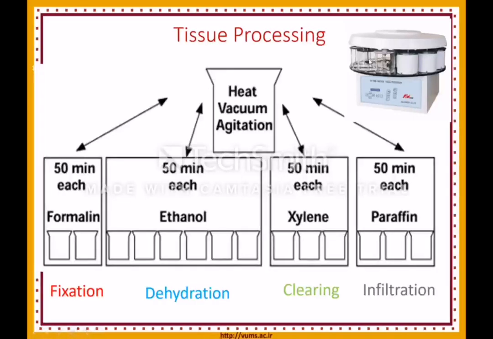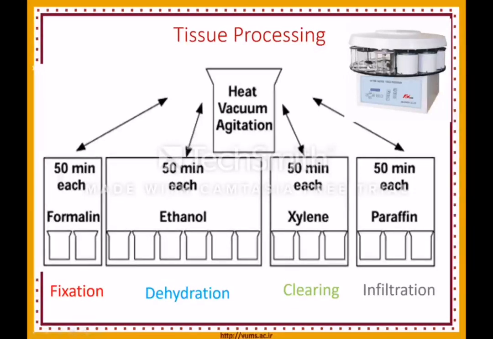It includes some jars, and each of these jars has these materials. We can arrange it manually, and this equipment turns around this axis and finally finishes in between 18 or 20 hours.